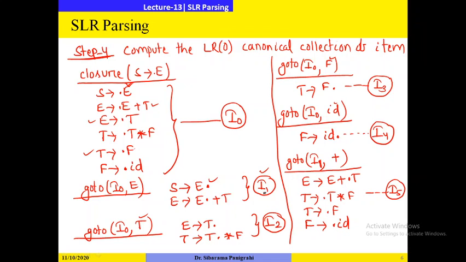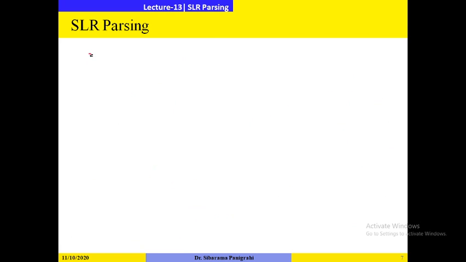So now you see, in I1 I have jumped. Now in I2 what I can jump? Here it is already jumped the T. Here I can jump the star. Okay. So here what I will do? Go to I2, comma star. So if I will jump the star, what I will get?